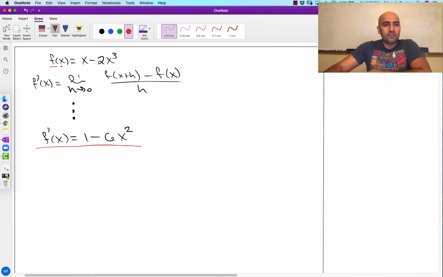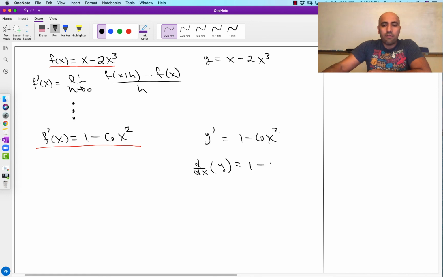Okay, so this is our f function, this is our f prime function. So notation-wise, well, we could have also gone back over here and said y equals x minus 2x cubed. So we can also say that y prime equals 1 minus 6x squared. Also, we could say d dx of y equals 1 minus 6x squared.